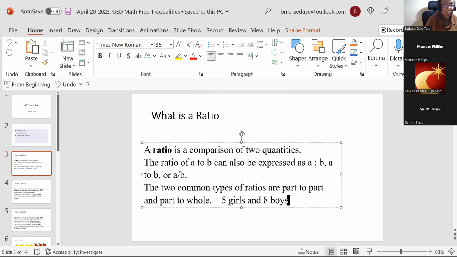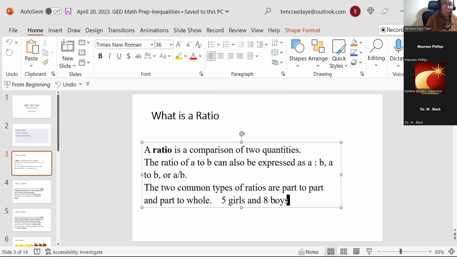You have to use these numbers. I'm asking you, what is the ratio of boys to girls? Maureen, here are the numbers 5 and 8. You've got to use the numbers I gave you. These are the two quantities. So what is the ratio of boys to girls, Maureen?